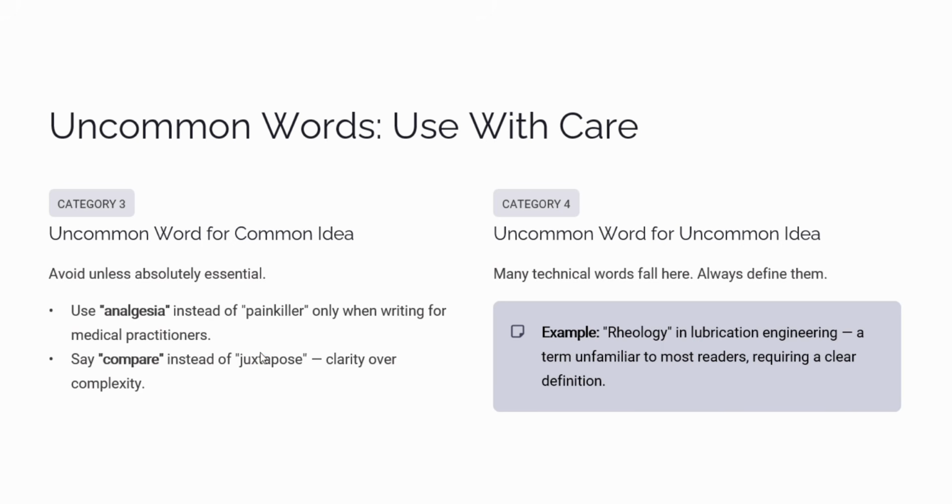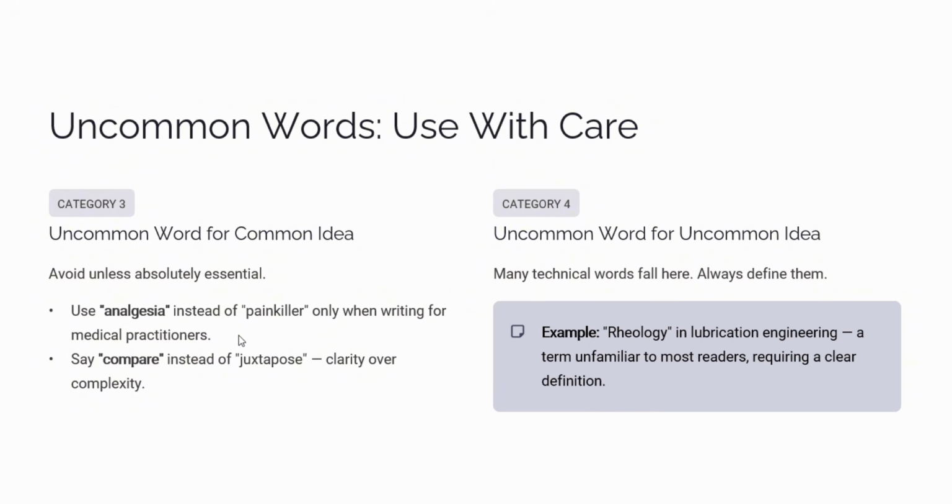Another category is uncommon words. When you are using uncommon words, it is very, very important for you to use them with care. Know the audience you are communicating with. Avoid using uncommon words for common ideas, except when it is very, very important. Take for instance, you can use the word anesthesia instead of painkiller only when writing for medical practitioners.